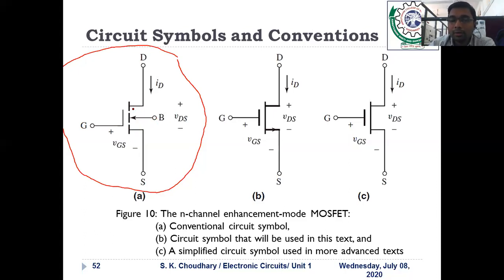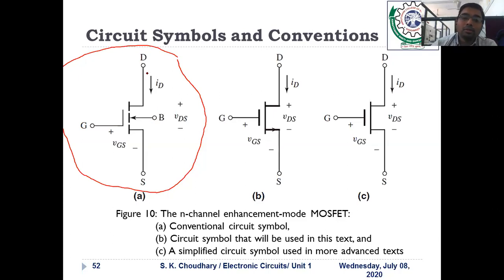The drain, body, and source are separated from each other, with no connection between these three. Why? Because this is an enhancement type MOSFET, and in an enhancement type MOSFET the channel remains absent until you apply a gate to source voltage greater than the threshold voltage.